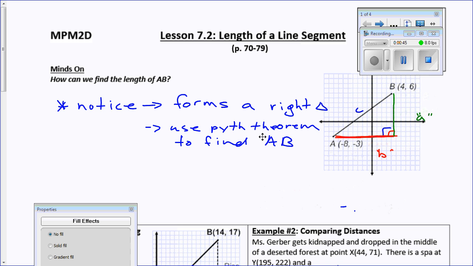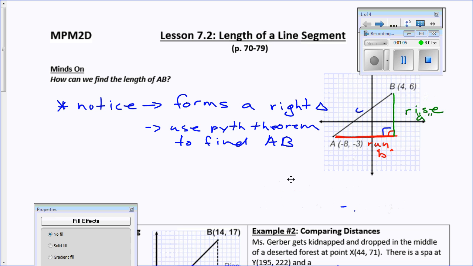Now, if I use the concept of rise and run from the first unit, this red part right here would be the run, and this green part going up would be our altitude, also known as our rise.